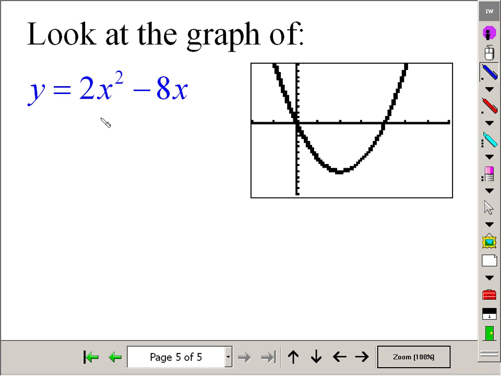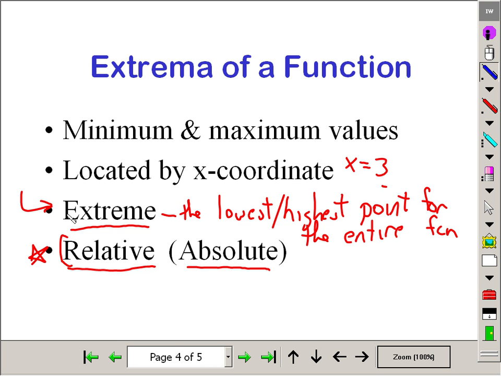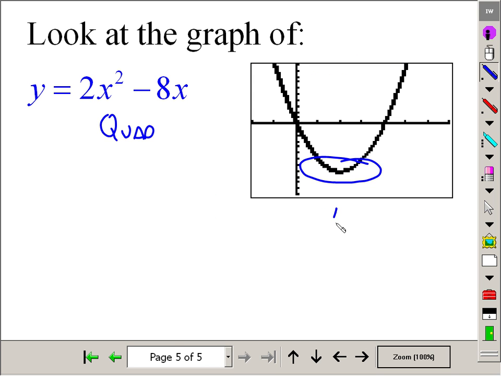All right, take a look at this graph here. It's a nice quadratic. For this one here, this is the lowest point. So again, this one would be an extreme minimum, right there at that point.